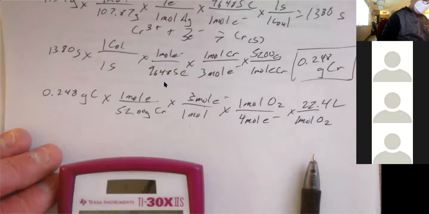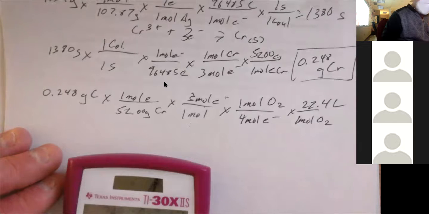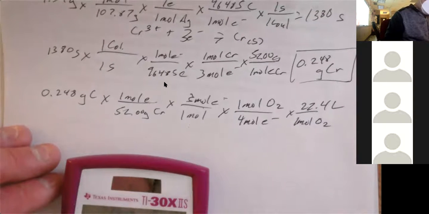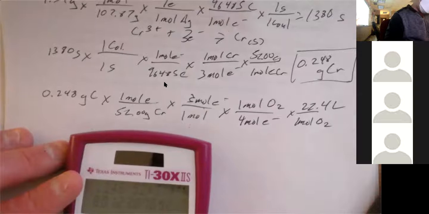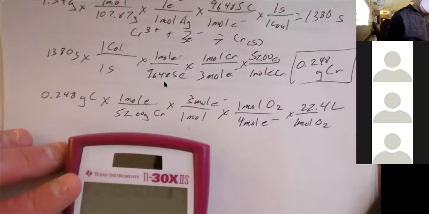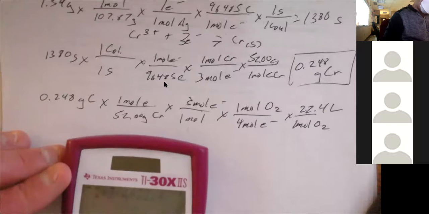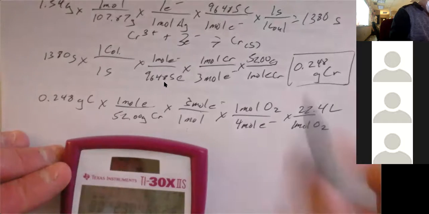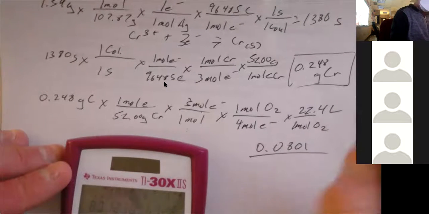So 0.248 divided by 52 times 3 divided by 4 times 22.4. All right, that gives us 0.0801 liters.